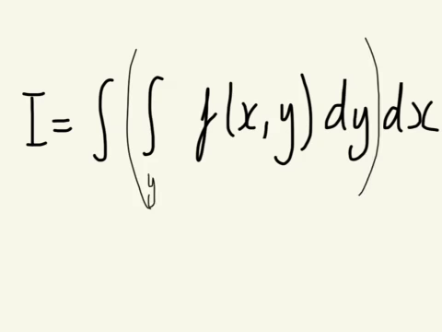So this gives us now the reversed order of integration. First integrating with respect to y and then with respect to x, with new limits for y and new limits for x. And to get these new limits, we have had to sketch the region of integration.